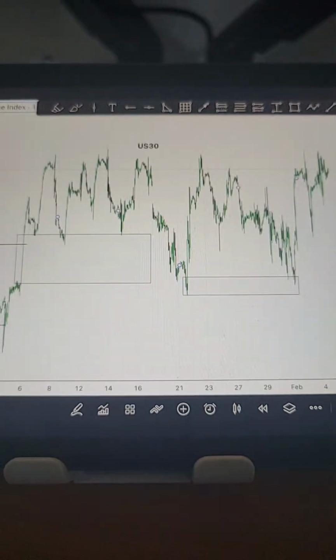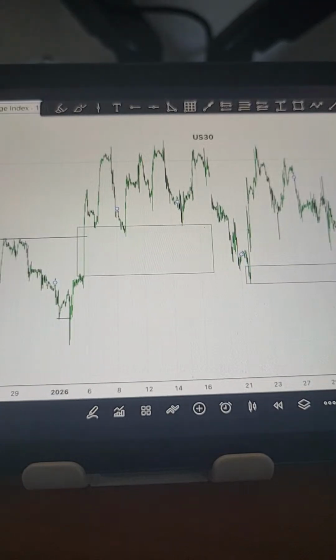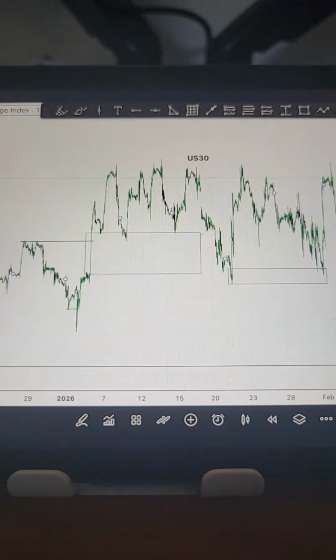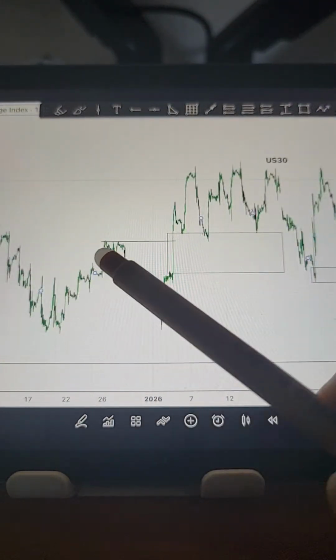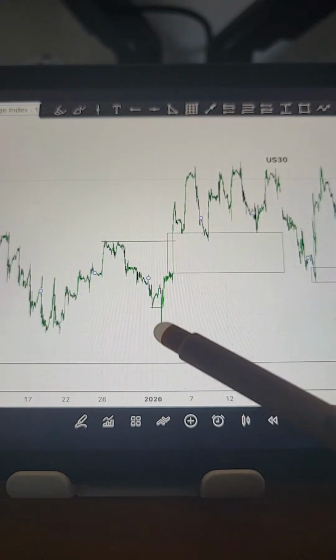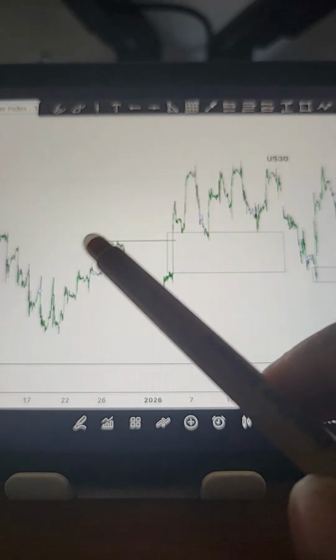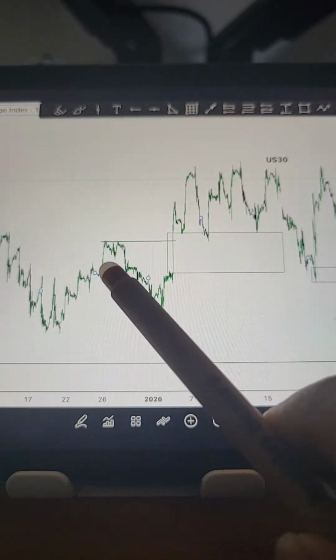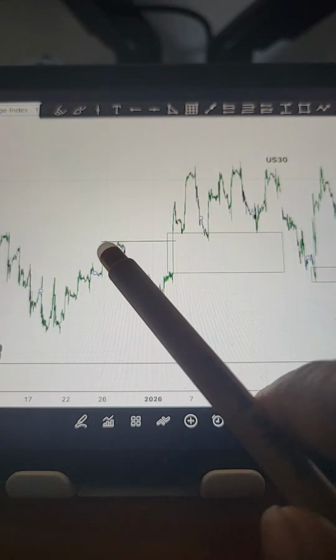So let me quickly explain what happened here on US 30. You can see that price was trending up here, higher low. Price did a pullback, and then this low that you see here went up with massive momentum and violated this previous high here.